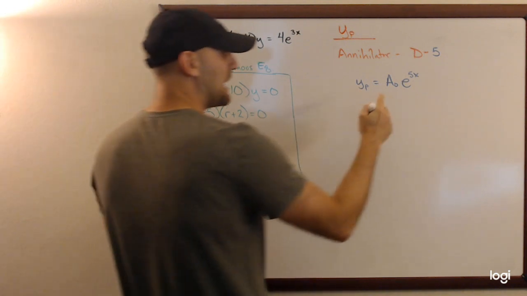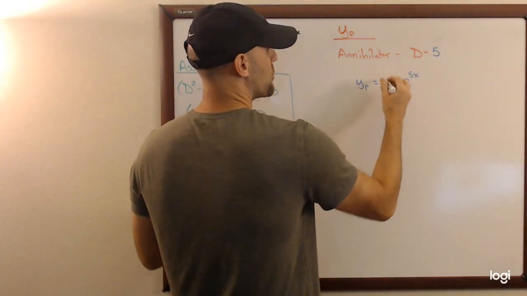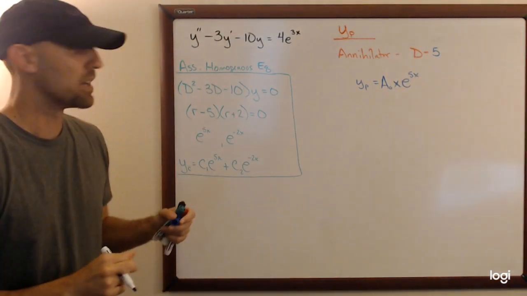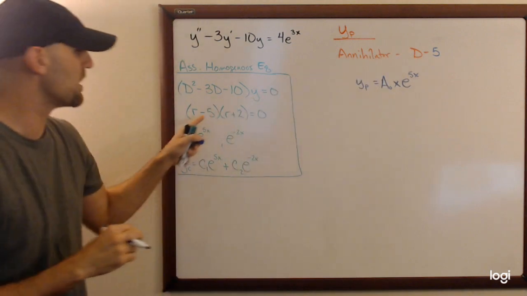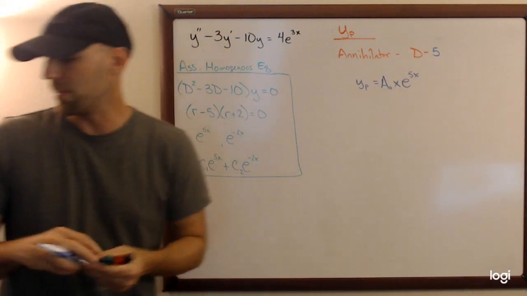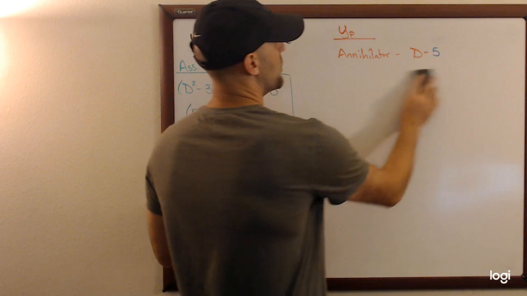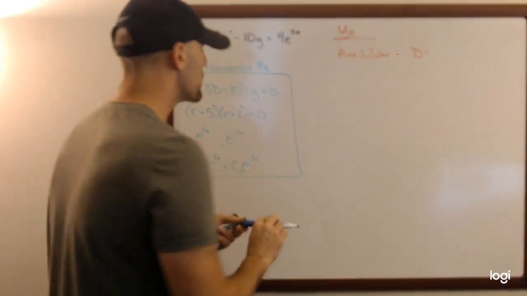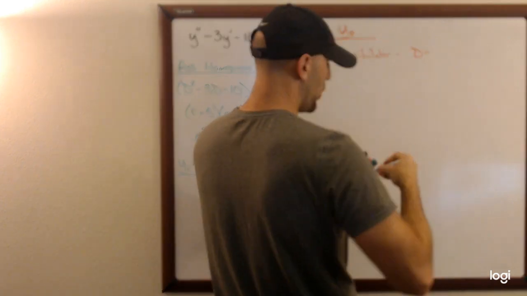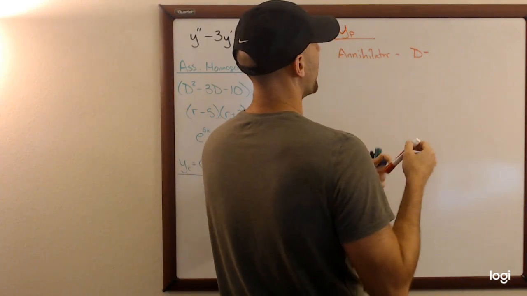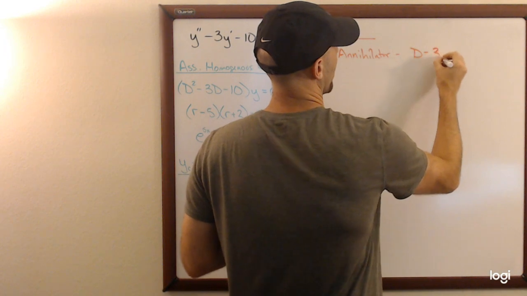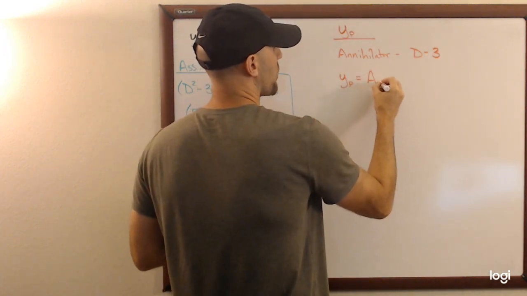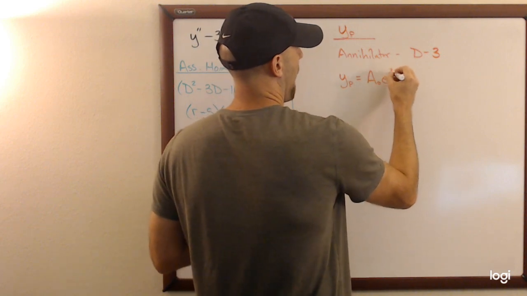I would have to make it an arbitrary constant times x e^(5x), because this would have been the second time that D minus 5 would have appeared in this linear transformation. I'm going to do an example where that actually happens in a minute. But in this particular case, it's D minus 3, which makes my particular solution here some arbitrary constant times e^(3x).